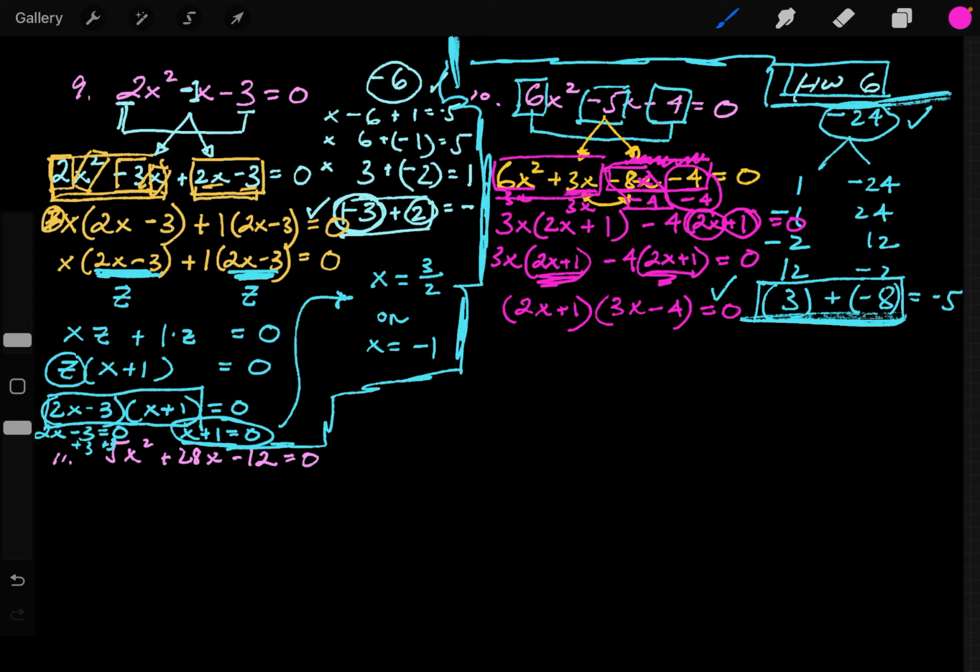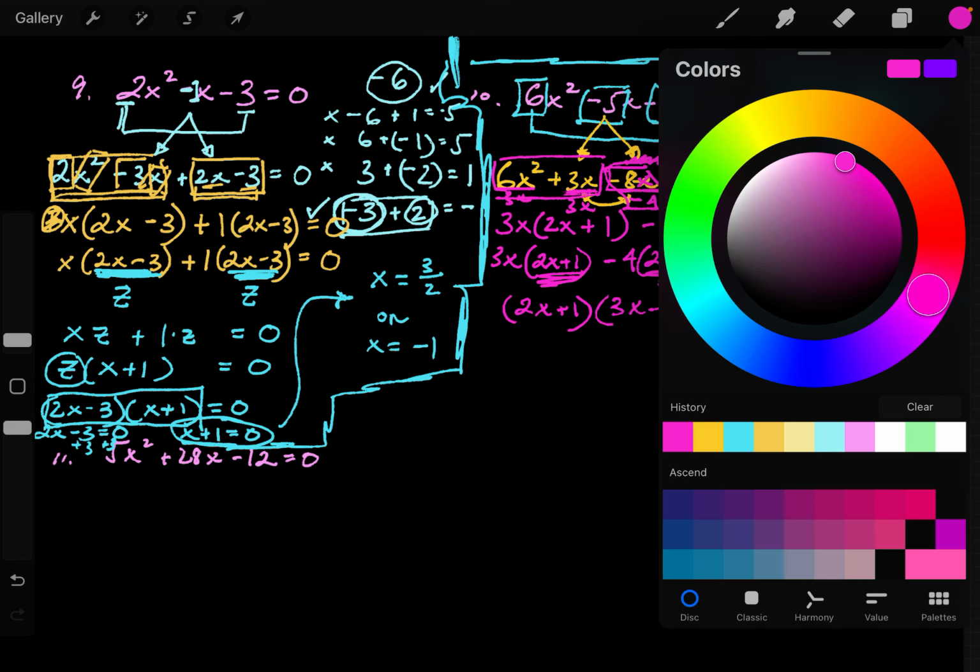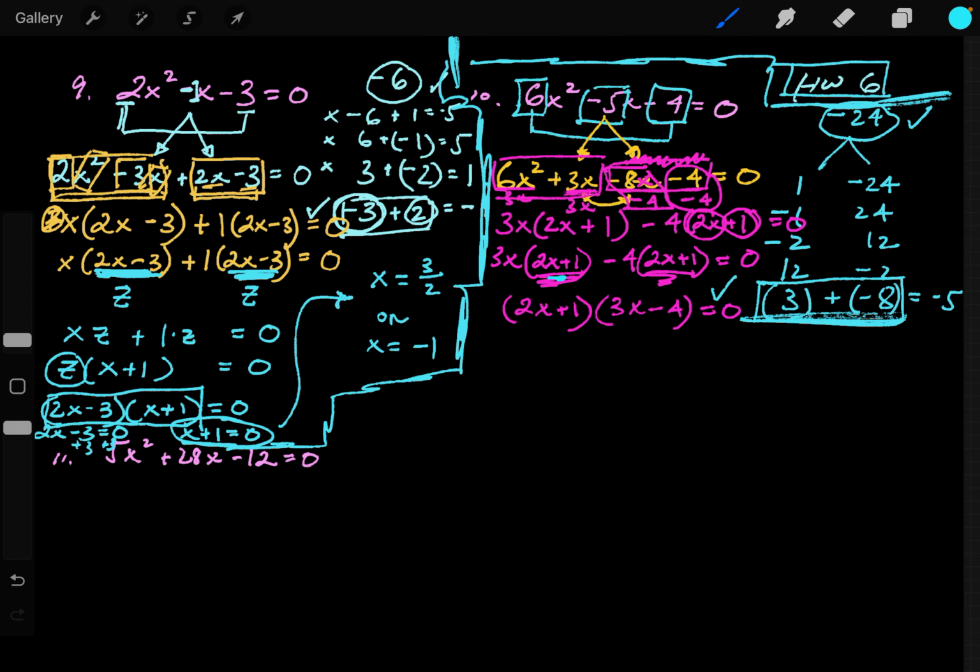If you're not sure how I did that, just come up with a dummy variable. Call this whole thing z, and see that if you factor out the z right here, you'll be left with that. Now you set each factor to 0. 2x plus 1 equals 0, and 3x minus 4 equals 0.